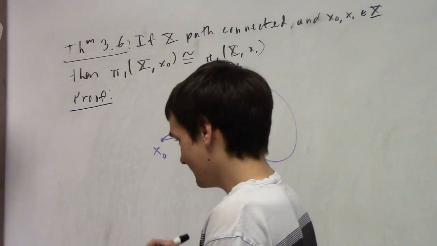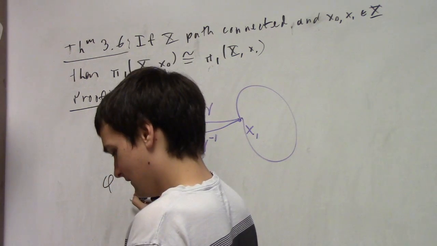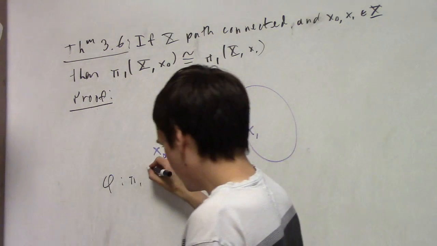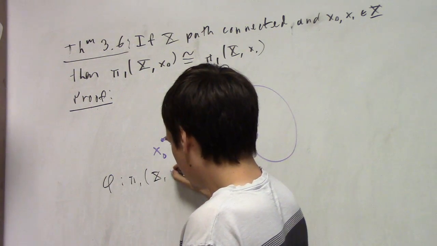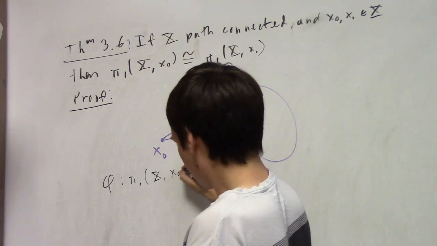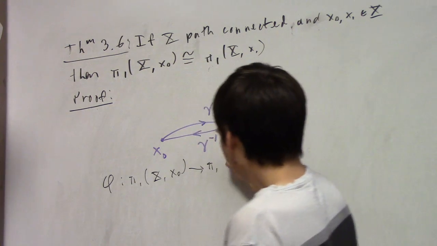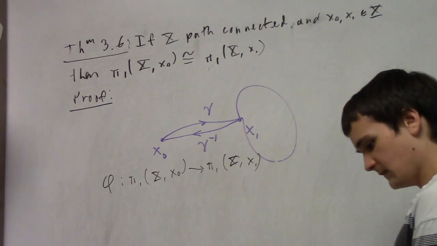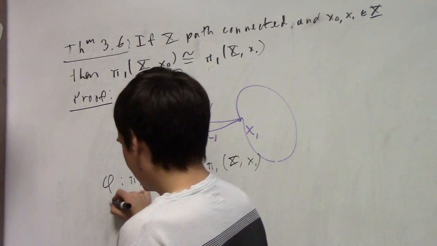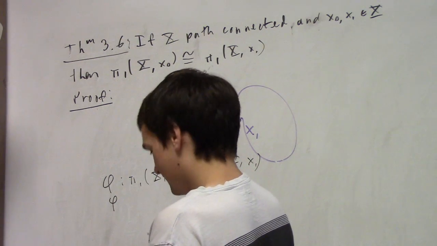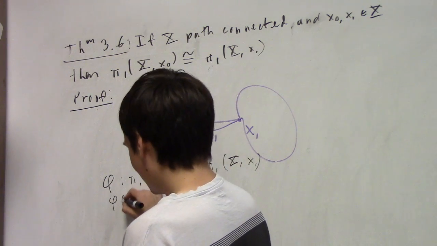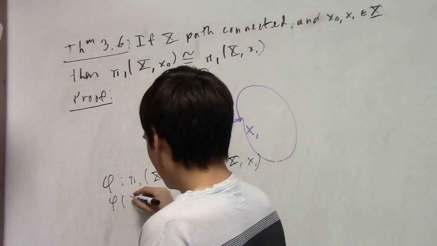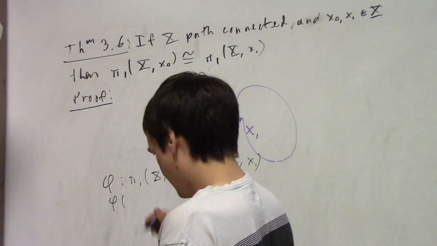So that map, I'm shocked he doesn't have that picture in here. Phi, from pi 1 of x naught to pi 1 of x.